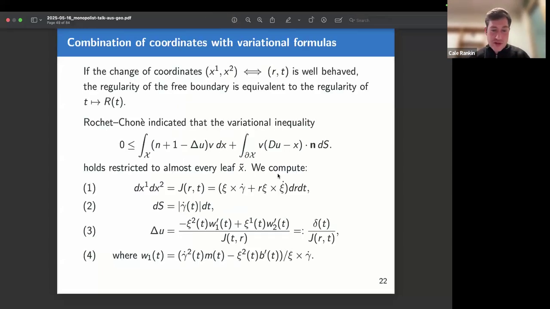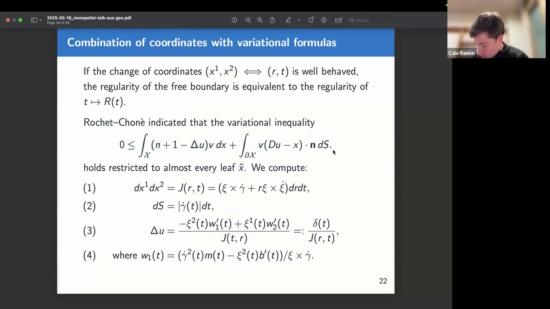So I've claimed you get some very interesting Euler-Lagrange equations in these coordinates. And I won't give a full derivation of them, but I'll give the basic idea. I've started by saying that what we want to do is study this function capital R of t. And then I've rewritten our variational inequality from an earlier slide.